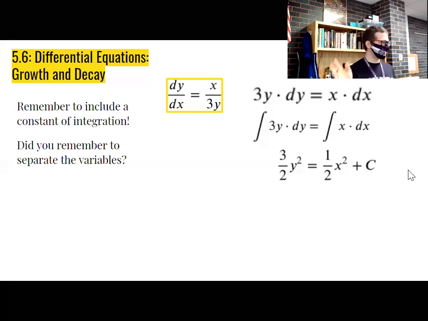Again, you can easily see, pun intended, that there should only be one c. If you have two of them, you subtract one over, and it changes the other c to something else. So you only need a single c of integration. Yeah? Does it matter which side you're on? Not at all. I normally put it on the right-hand side just because that's what I do. But yeah, it doesn't matter if it's over here with the y or at the x.